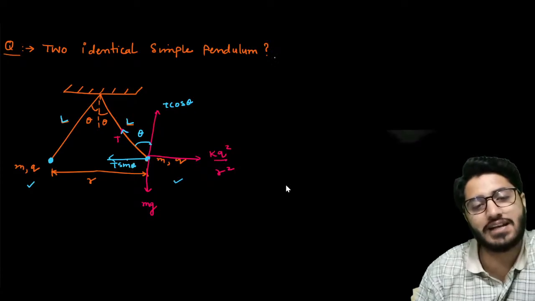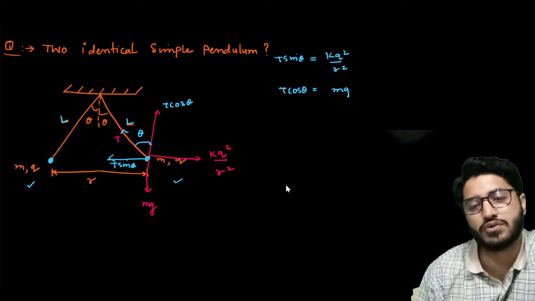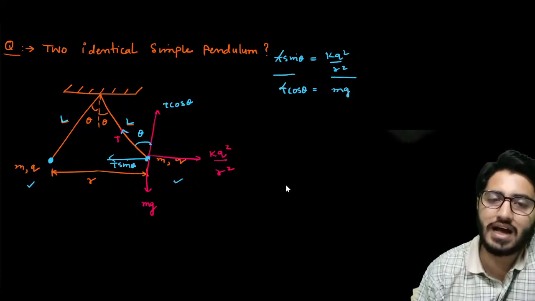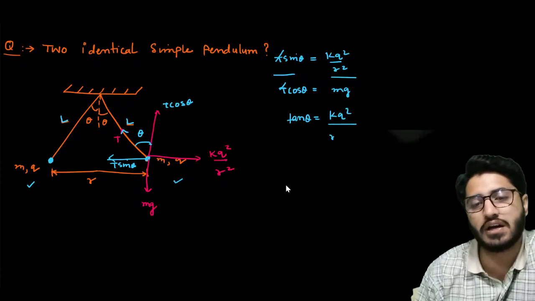So T sin theta is equal to kq square by r square, and T cos theta is equal to mg. Now let us divide these two. T cancels out. I am getting sin theta by cos theta, which is tan theta. So tan theta is equal to kq square divided by r square mg.